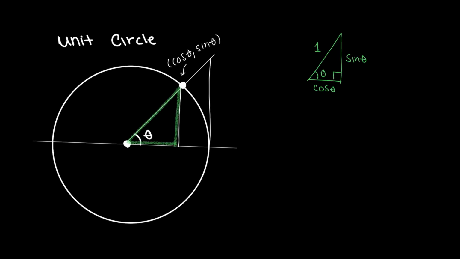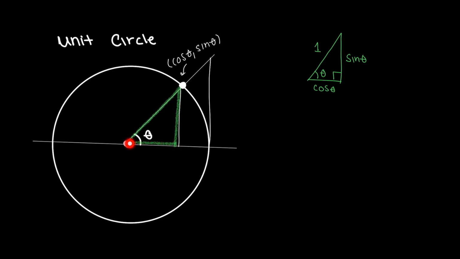So let's start by looking at this little triangle right here in green. Because it has a vertex basically on the unit circle, I know that the height of this triangle is the y-coordinate on the unit circle. So the height of this triangle is sine theta.